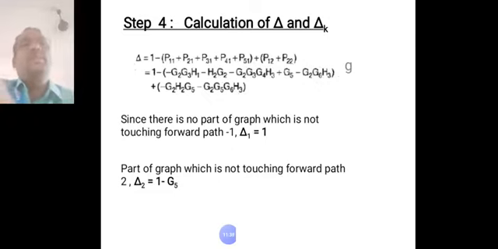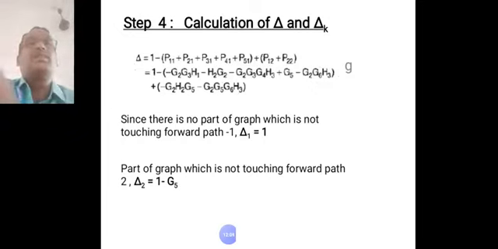We add all the 5 individual loop gains, plus the possible combinations of two non-touching loops. Here we have two combinations of two non-touching loops, and the next term would be minus 3 combinations of non-touching loops. Here we have only combinations of two non-touching loops. The 3 non-touching loops are not present here.